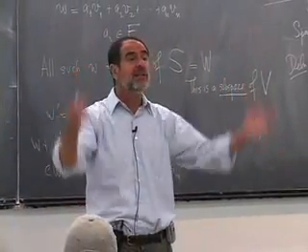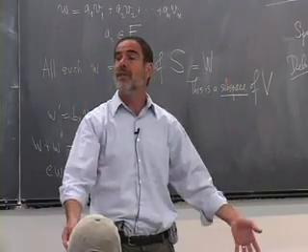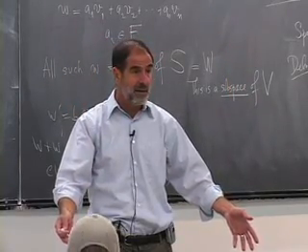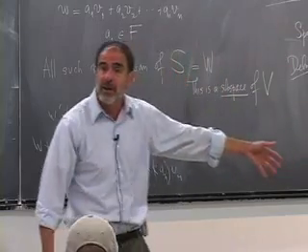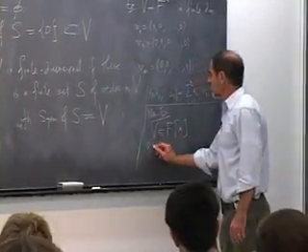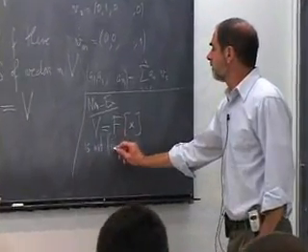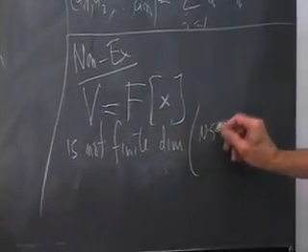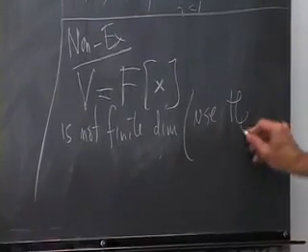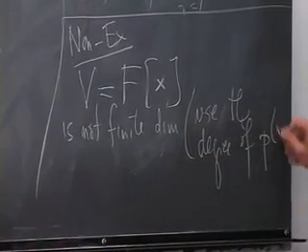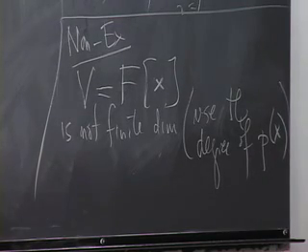And if you take any linear combination of polynomials of degree less than or equal to n, you get a polynomial of degree less than or equal to n. But there are polynomials of bigger degree. So this is not finite dimensional. And the argument is to use the degree of a polynomial in X to show that you couldn't get it as a linear combination of a finite number of them.